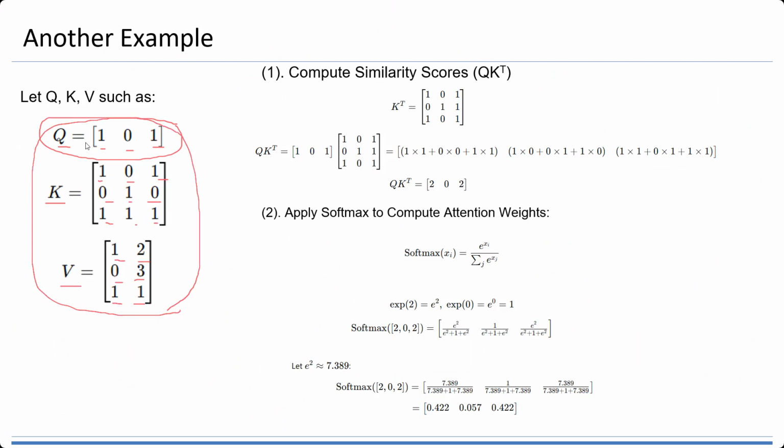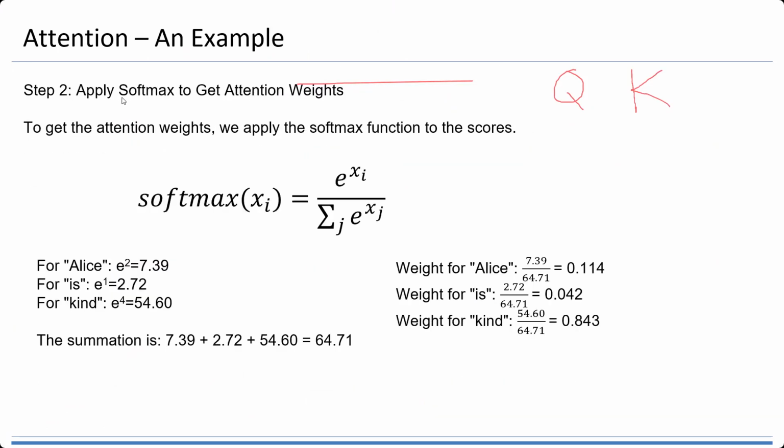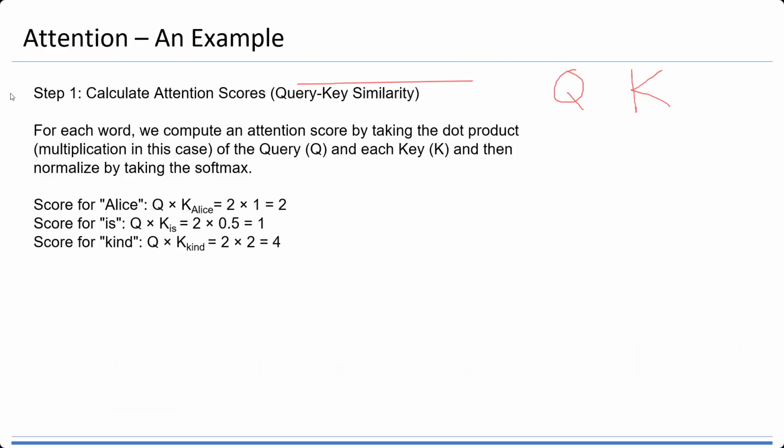First, the same as the previous one, you need to compute the similarity score. The similarity score means you need to multiply the Q and the K. On the previous example, when you calculated the Q and the K, you just did a simple multiplication because it was a single value.